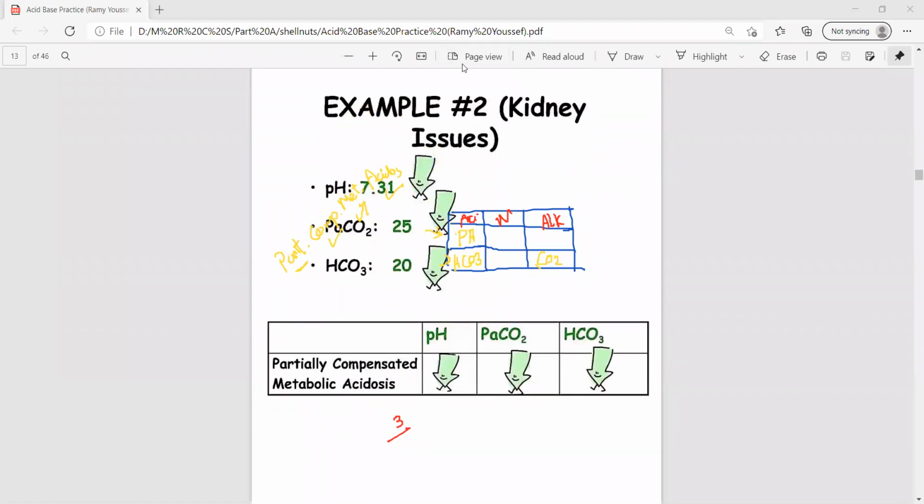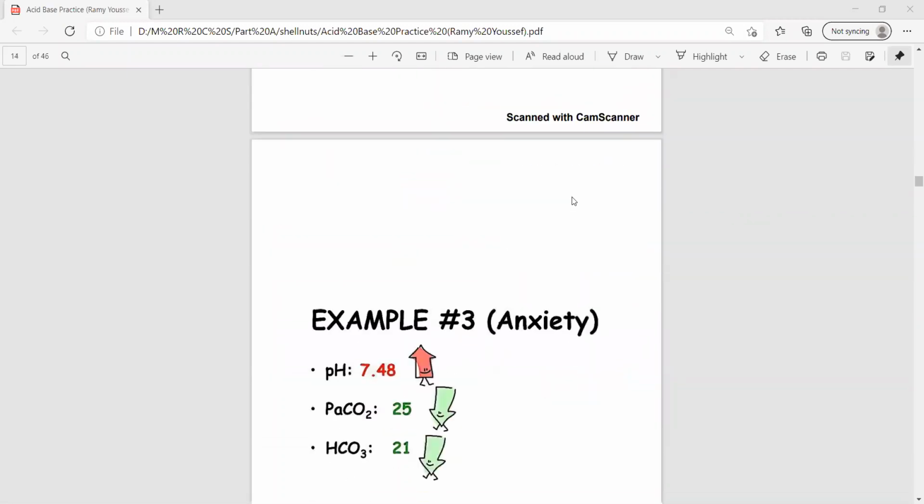Another example. Another volunteer. I don't mind going again.